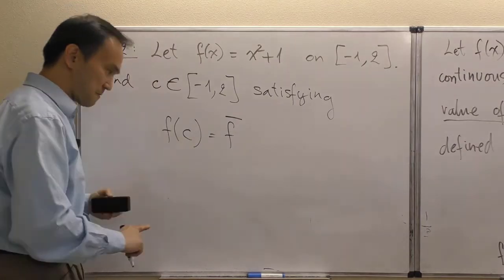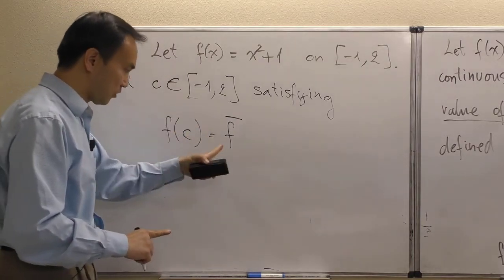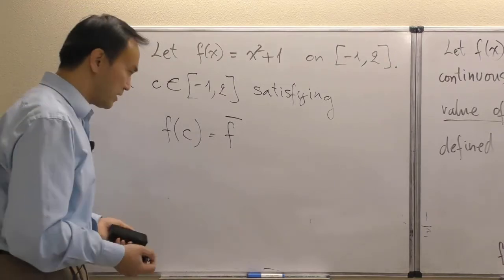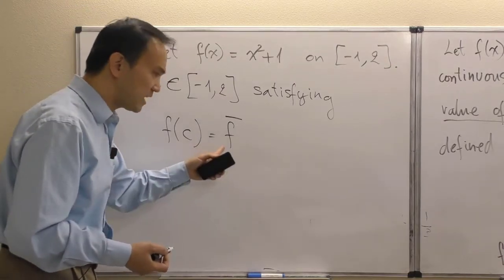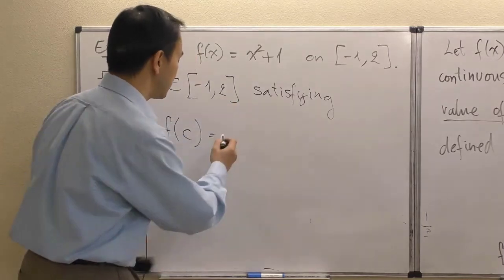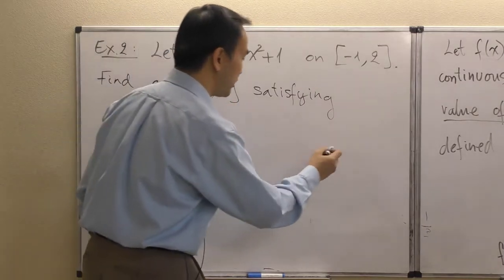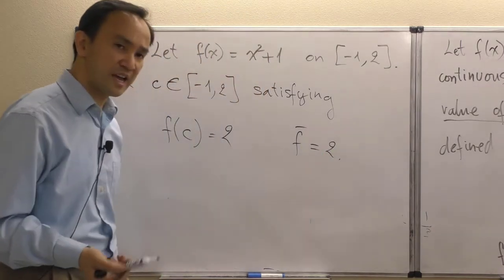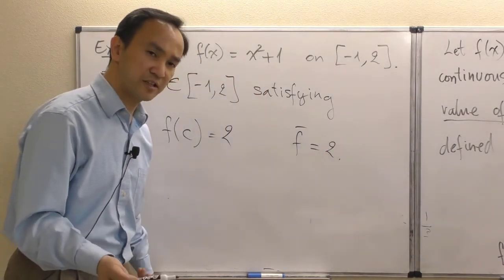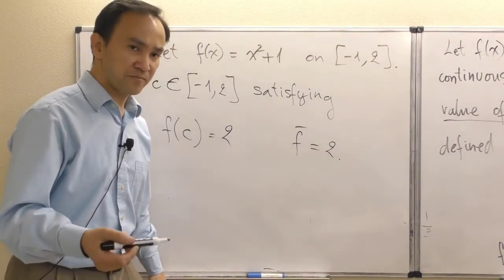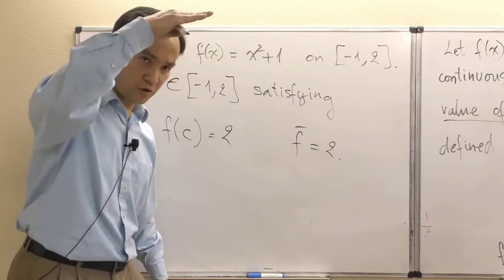We want f of c. We want a c inside of this interval where f of c is equal to the function's average value. But what was it from the earlier problem? That is 2, because we already knew f bar equals 2, the function's average height, the average output value, or the average vertical height.